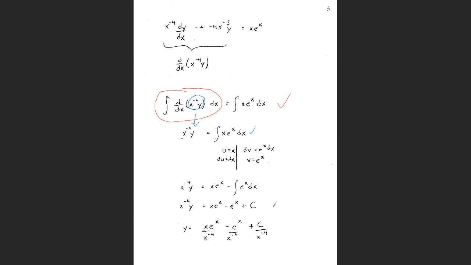So on the right-hand side, how do we integrate the integral of x e to the x dx? Well, we've got to use integration by parts on that. So we let u equals x and dv equals e to the x dx. Then du equals dx and v equals e to the x.